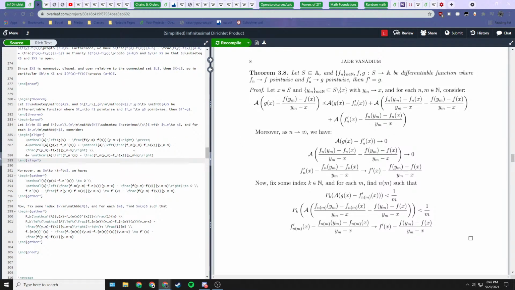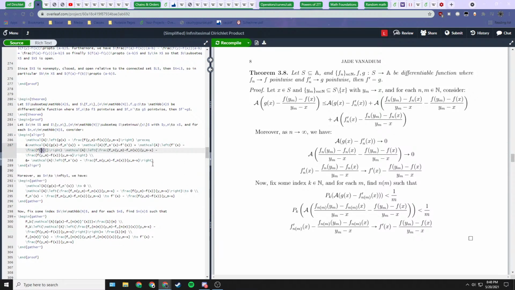Actually, maybe that's fine. So we have this plus f n prime x minus f prime of x plus f prime of x minus a fraction, f of y sub m minus f of x over y sub m minus x.